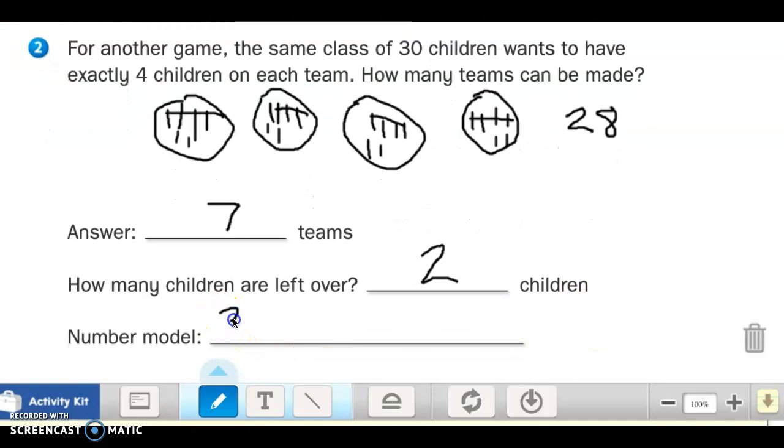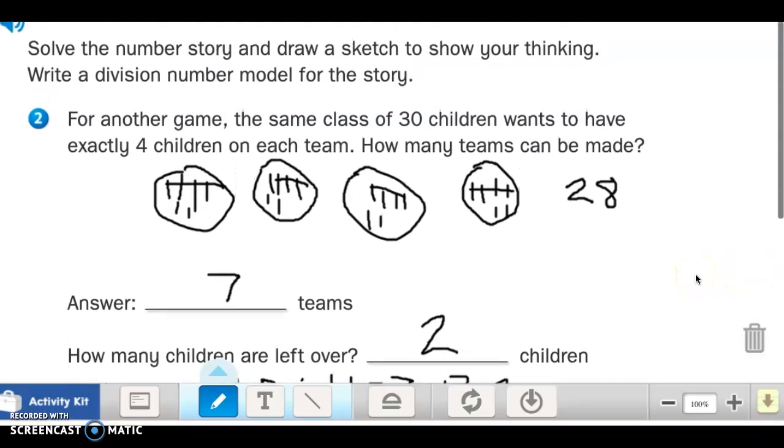We say 30 divided by 4. We were able to get 7 into each team equally, but we have a remainder because there was some left over. So the remainder was 2 children. So that is how we do remainders.